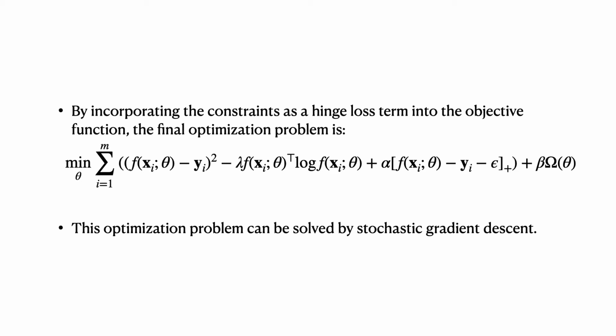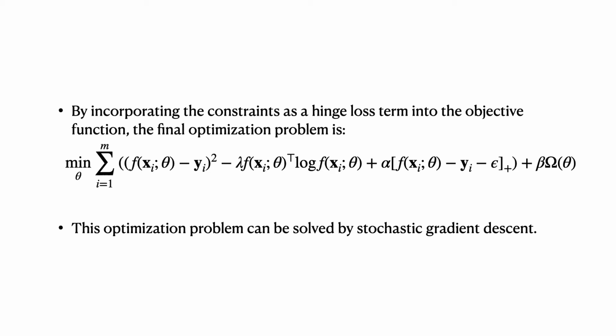Then by incorporating the constraint as a hinge loss into the objective function, we get the final optimization problem as this equation. The first term is the loss function. Here we use the mean squared error loss.